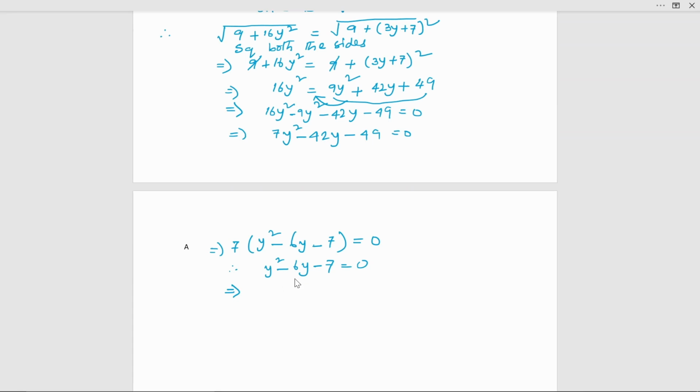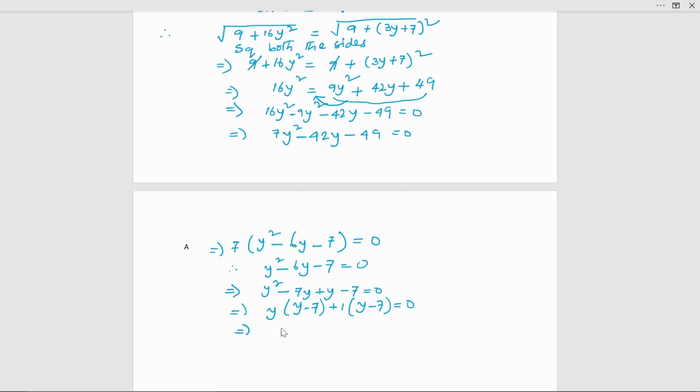So how can we factorize this equation, which will give me y square minus 7y plus y minus 7 equal to 0. Or take y common, y minus 7, and we can take plus 1 into y minus 7 equal to 0.